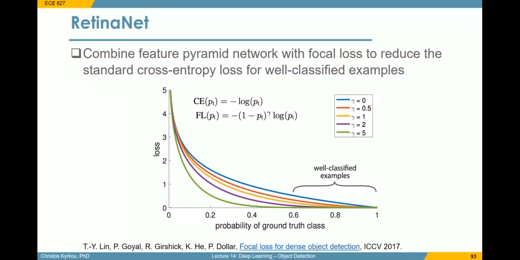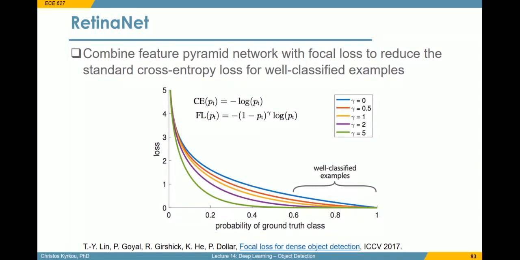And the effect that this value has is that as we increase it, it pushes the samples with high probability, pushes their value downwards. So increasing this gamma value essentially makes it so the value of well-classified samples is suppressed.